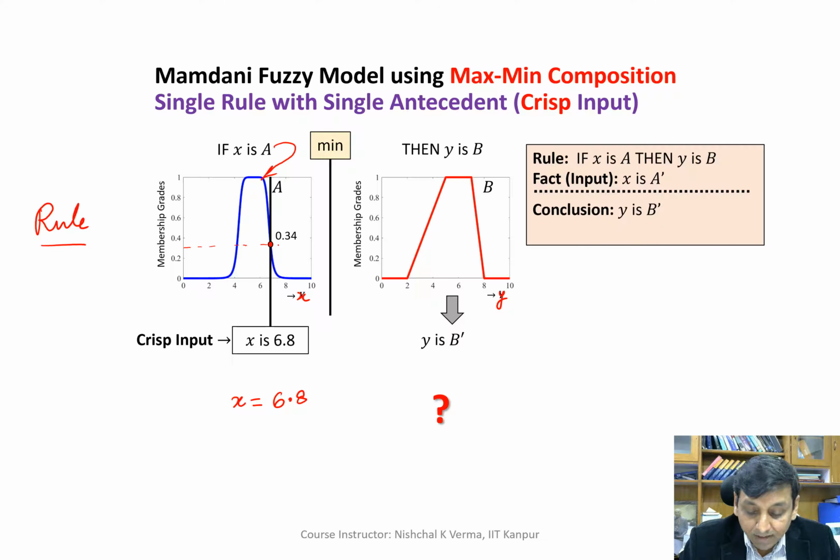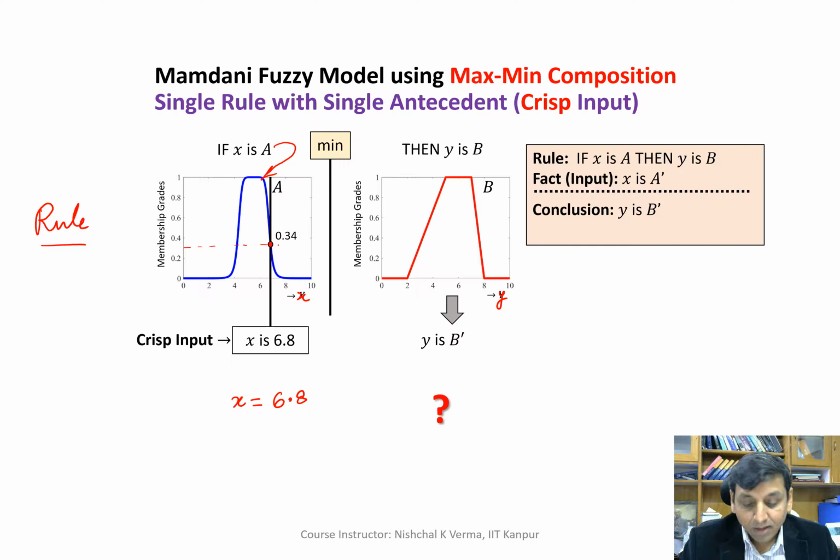Please note that when we have a crisp input, the point of intersection is going to be only a single value. So there will not be any conflict, as we have seen in the case of the fuzzy input. In fuzzy input we can have multiple points of intersection, and then we would have taken the maximum of these.